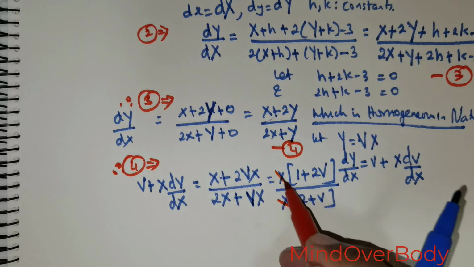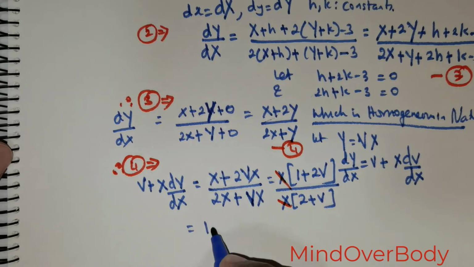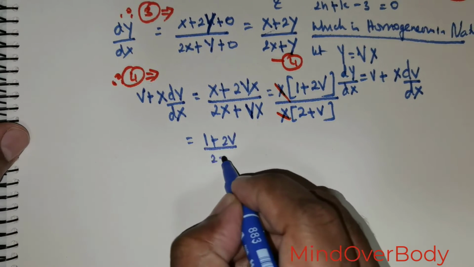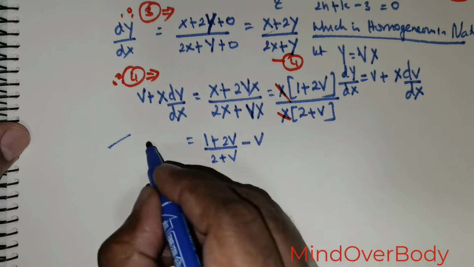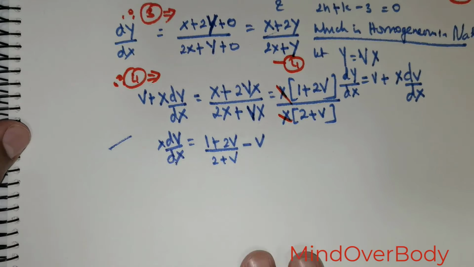Now clearly the x and x can be cancelled, so this is equal to 1 plus 2 times v divided by 2 plus v. I can move this v to the other side, so this is going to give me x times dv over dx.